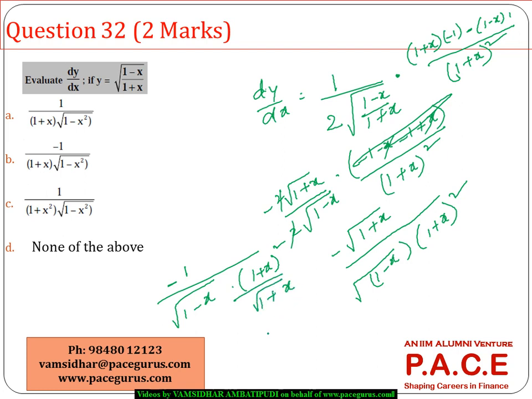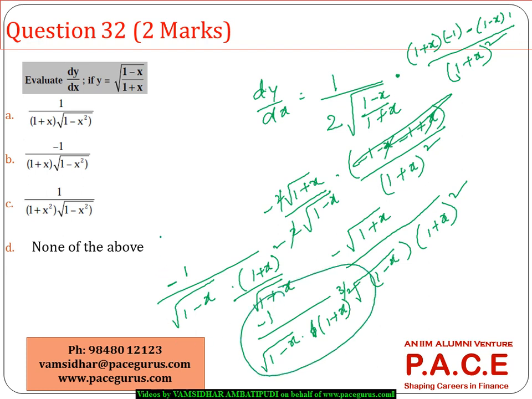So this is taking me to the extent of minus 1 by root of (1 minus x) into (1 plus x) to the power 3 by 2. This is the value which is not matching with any of the option choices. So that's where I can go ahead marking D as the answer choice in this case.